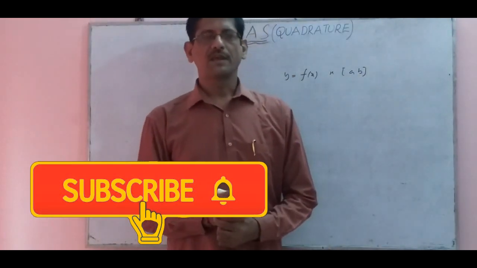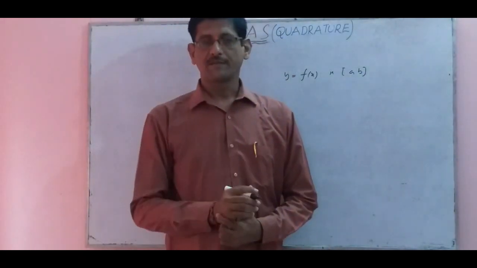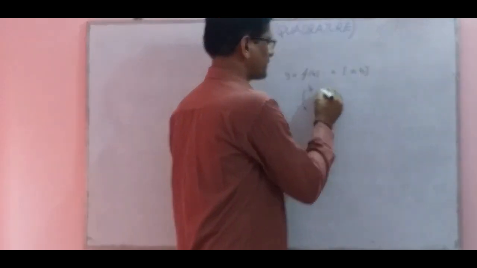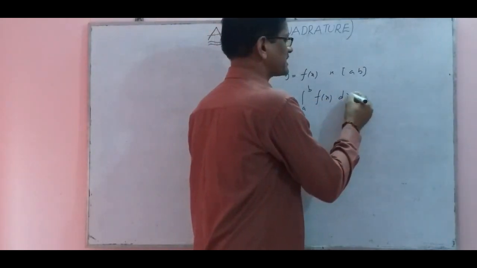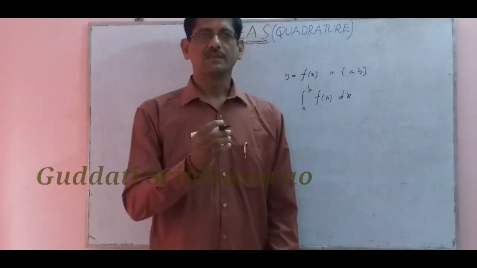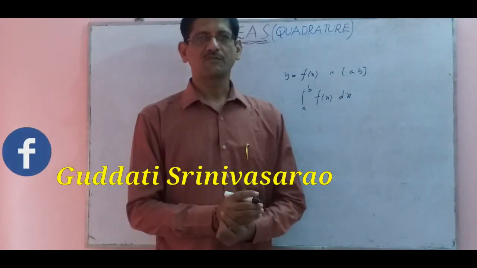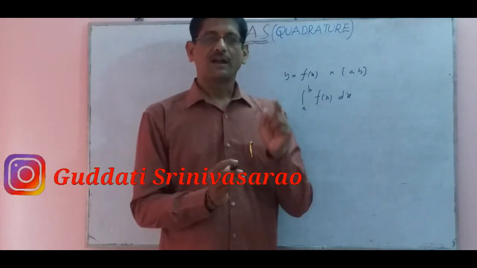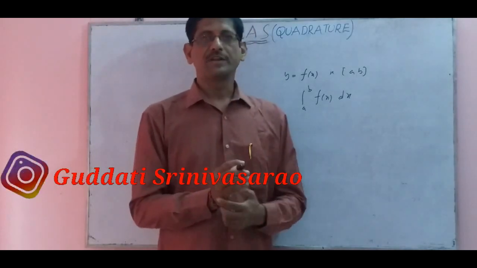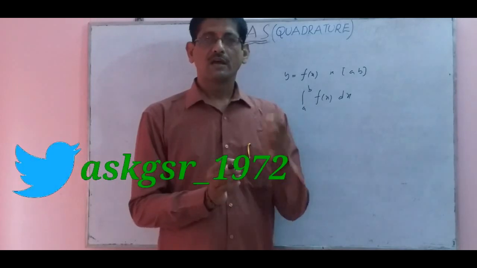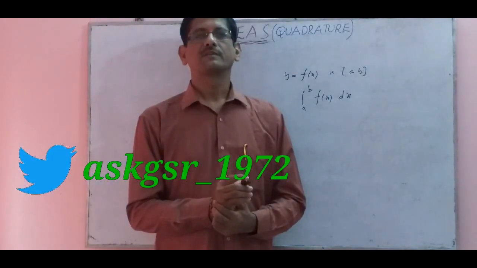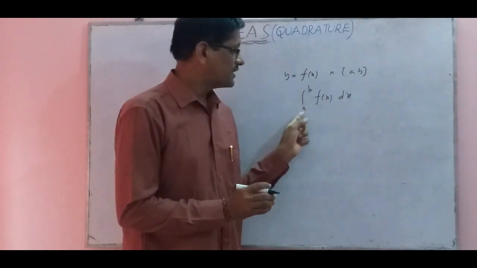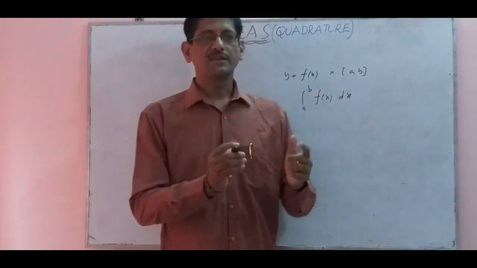Then the definite integral from a to b of f of x dx represents the area bounded by the curve y is equal to f of x, the x-axis and the lines, that means ordinates, x is equal to a, x is equal to b. So that region is called area. Geometrically this definite integral represents area.